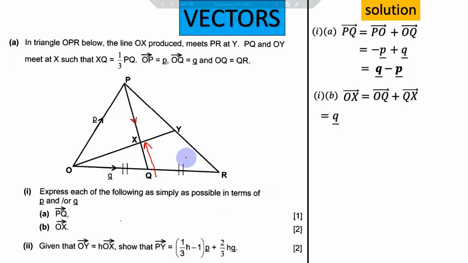So first of all, let us find the XQ. XQ is 1/3 of PQ, meaning you multiply the PQ with 1 over 3.